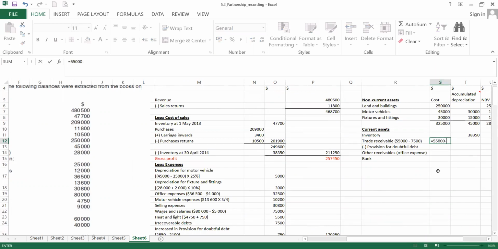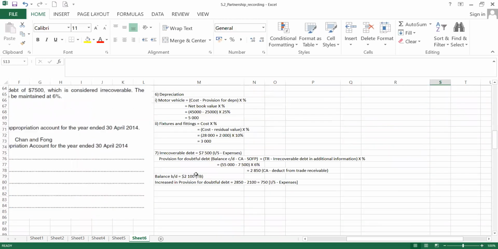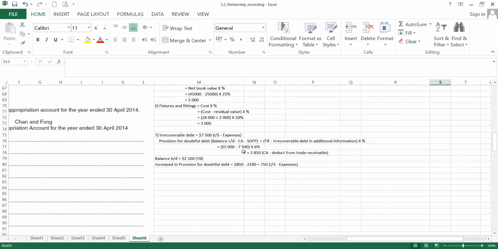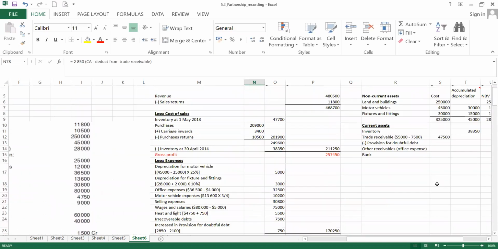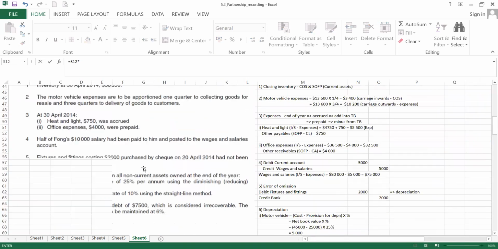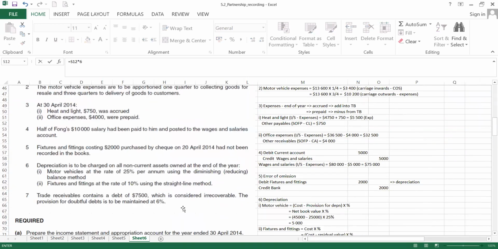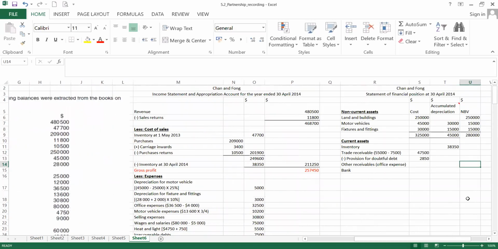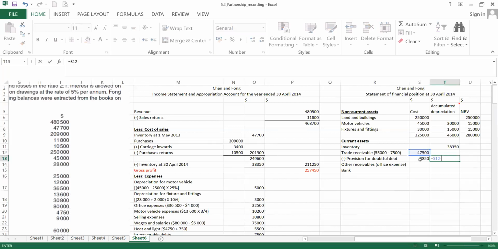For the provision for doubtful debt, in the additional information, we actually recalculate this amount. This is the amount, 2,850. If you don't want, you also can take this amount times the percentage. The percentage given in the question is 6%, so we times 6%, and we get 2,850 also. And then after that, only we minus, to get the net amount into here.